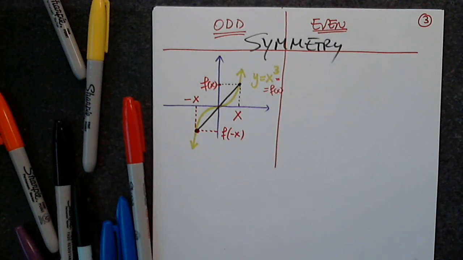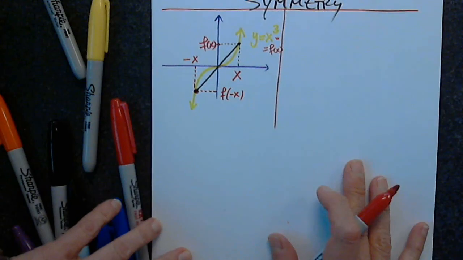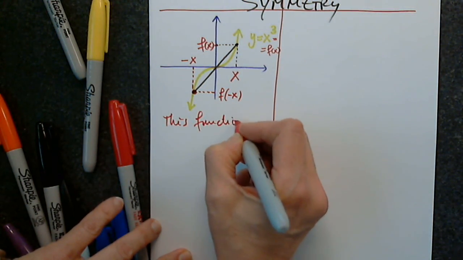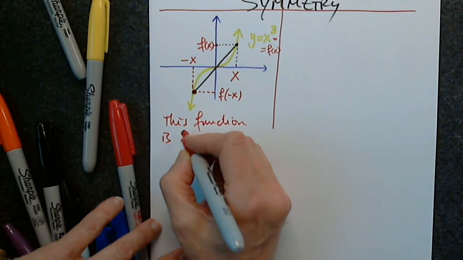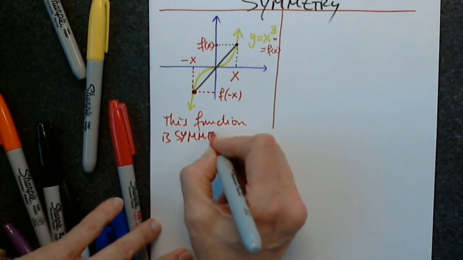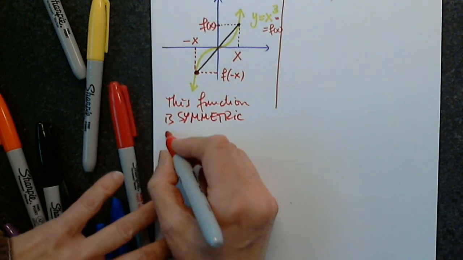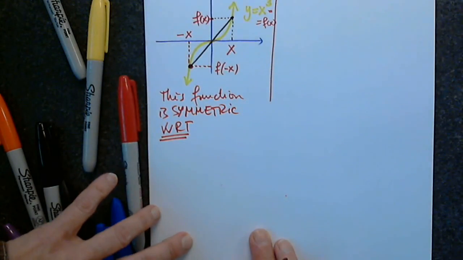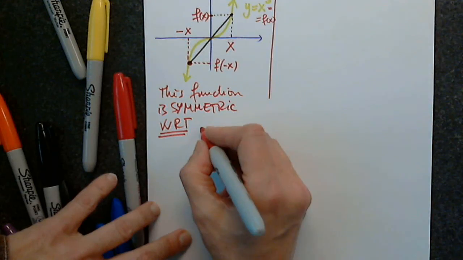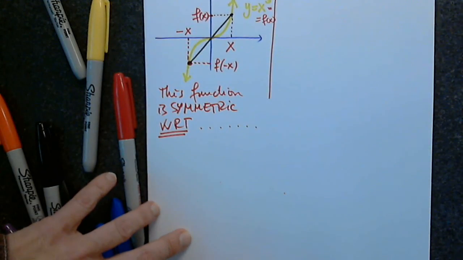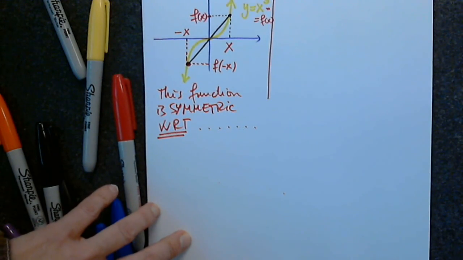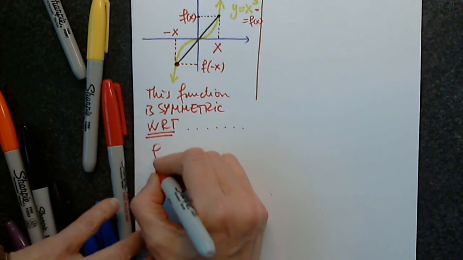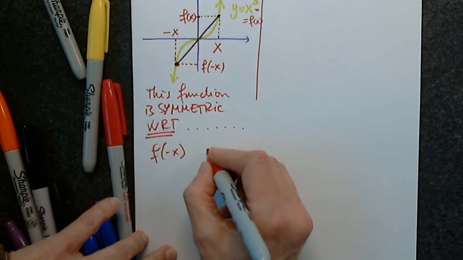So obviously we will say that this function is symmetric with respect to, WRT, because I'm lazy, with respect to, and you'll tell me in a moment whether it is symmetric with respect to. And then I would like you to give me the relationship between f of negative x and f of x.